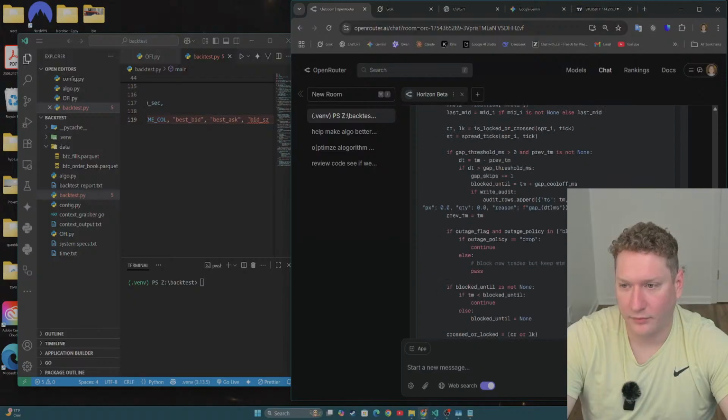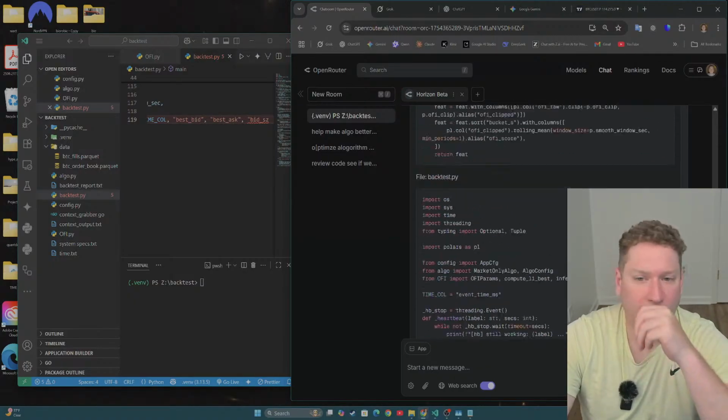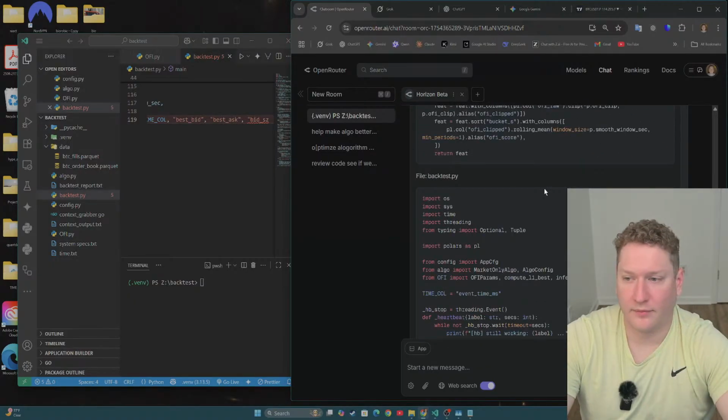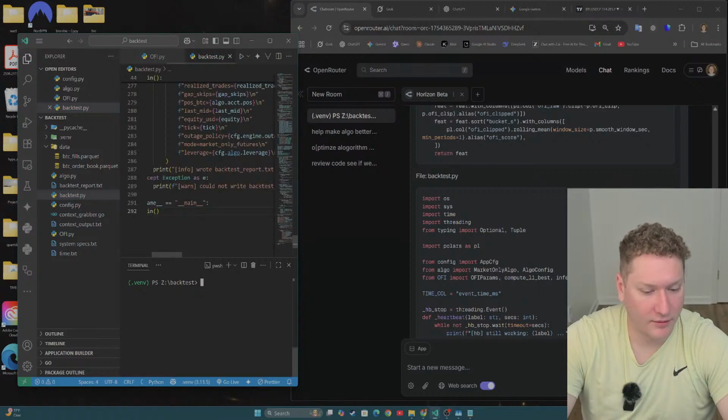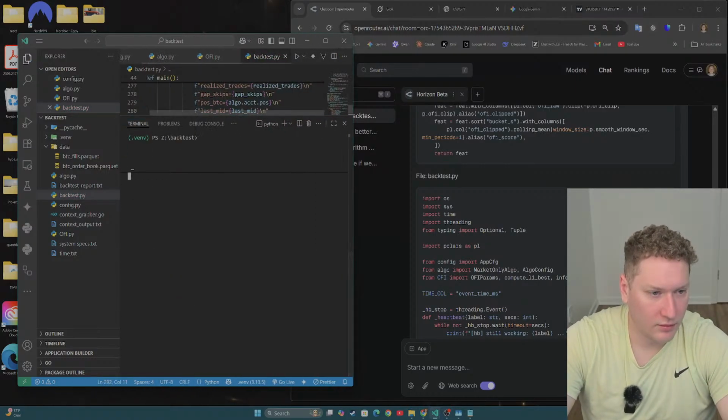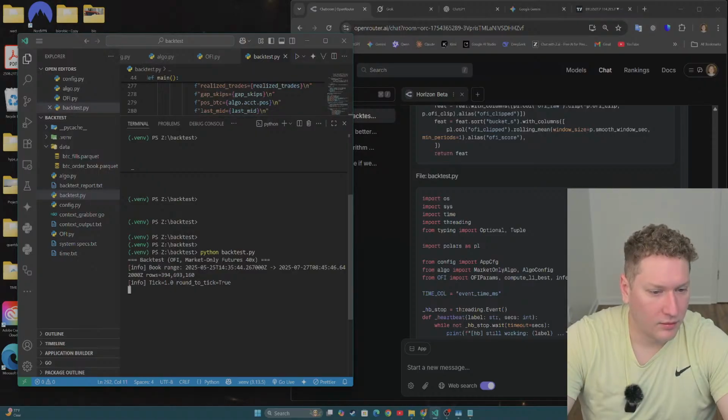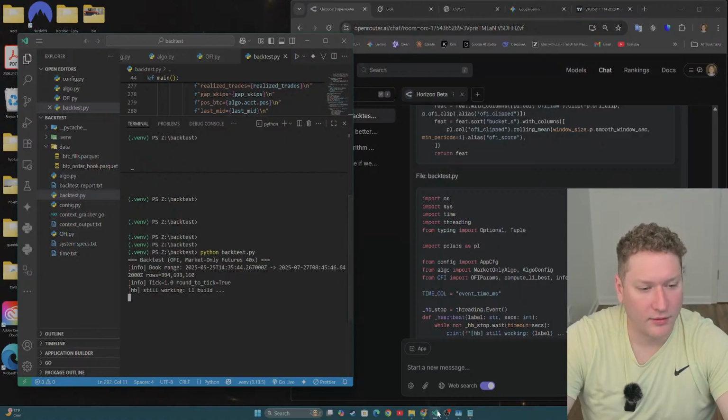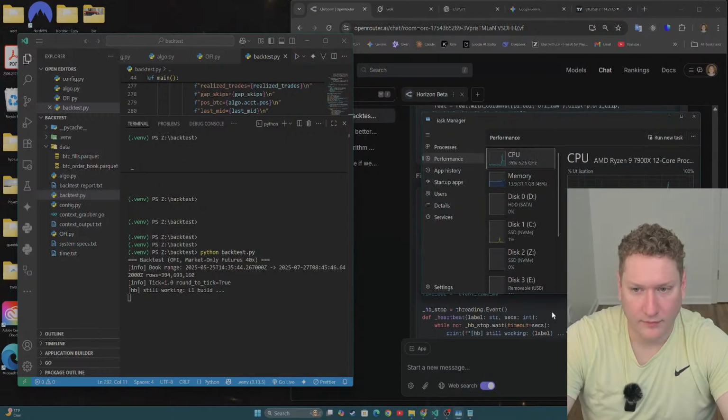Okay. Let's see if we can get any trades going here. Okay, we got 394 million rows. Tick is $1, which is accurate.